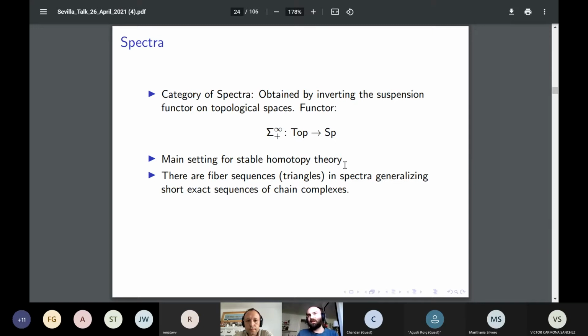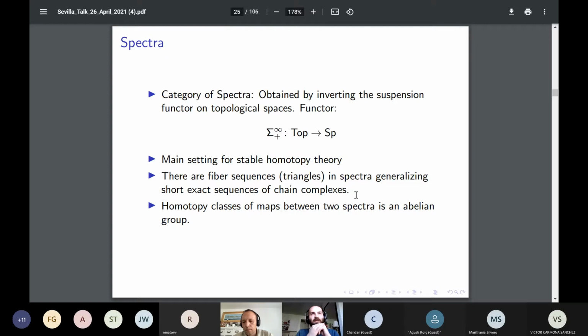It's closer to homological algebra in various ways. For example, there's a notion of triangles in spectra, or fiber sequences, cofiber sequences in spectra, which generalize the notion of short exact sequences of chain complexes, or short exact sequences in the classical sense.